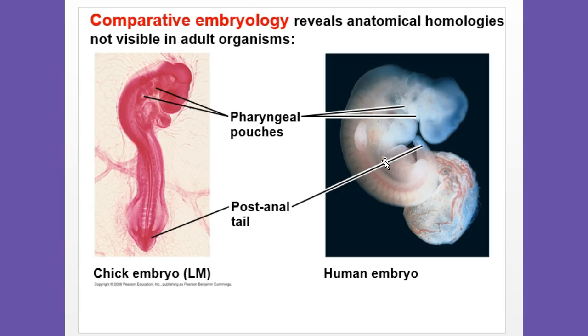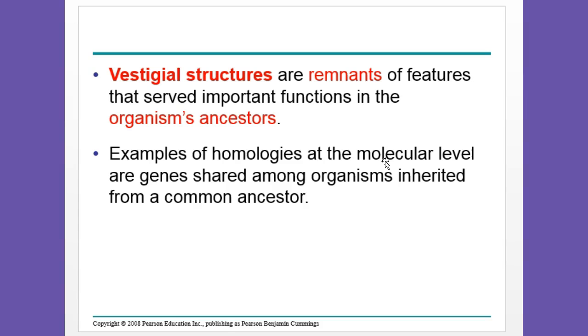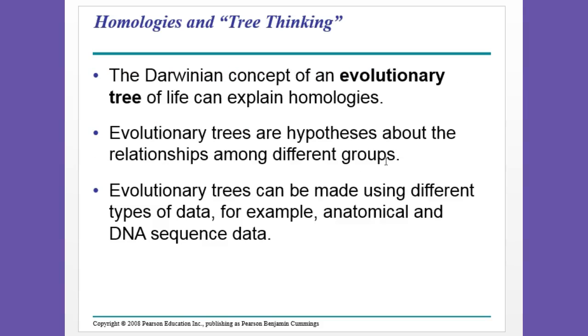Different types of embryos, not just mammals. Vestigial structures are remnants of features that used to serve an important function in the organism's ancestors. Examples of homology at the molecular level are genes shared among organisms, inherited from a common ancestor.